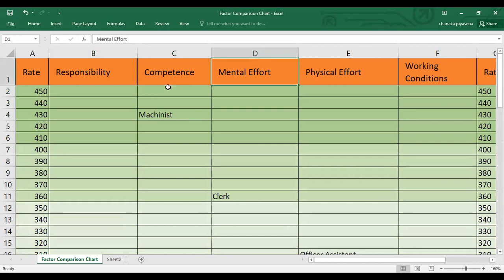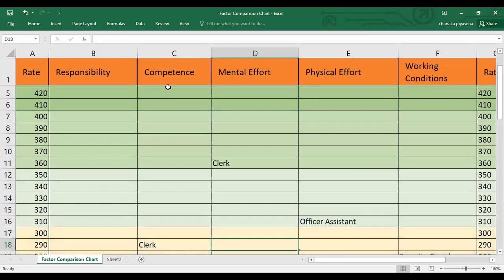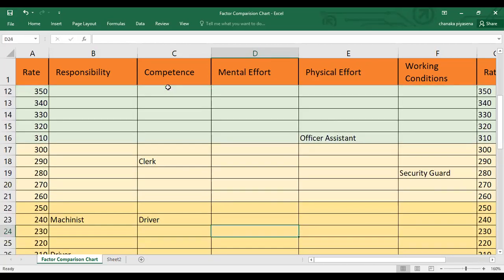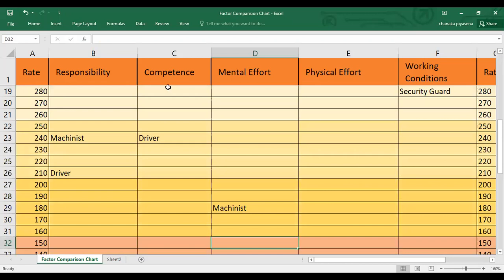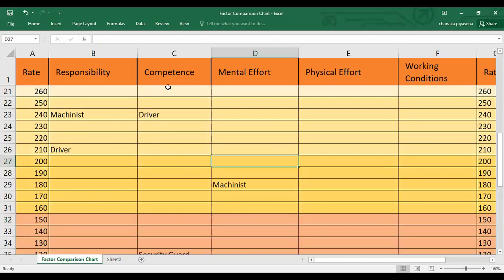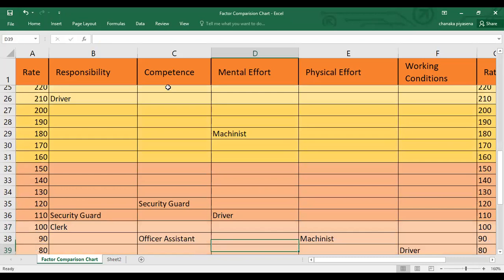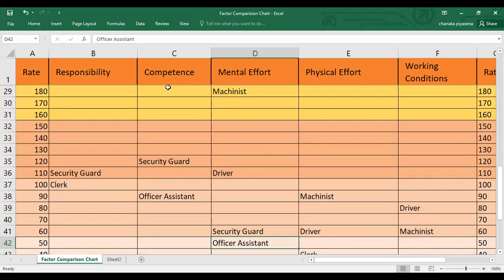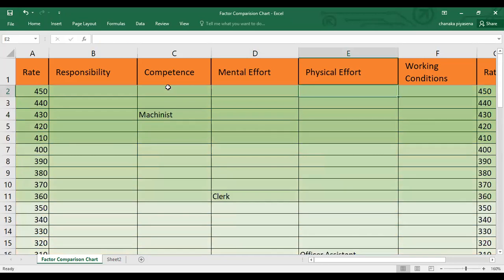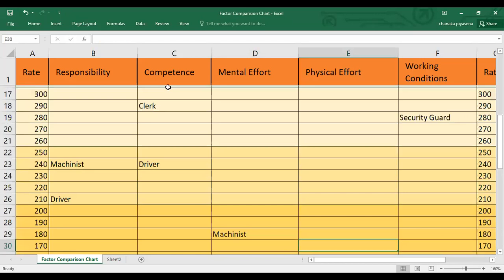Based on the third factor, that is mental effort, there are 5 jobs we can locate: clerk, machinist, driver, security guard, and then office assistant. Based on our previous table, we can locate several key jobs in our factor comparison chart. The fourth factor is physical effort, also with several key jobs located.